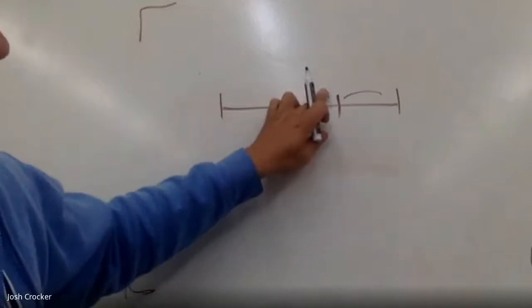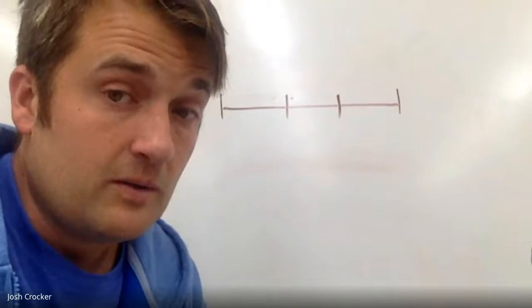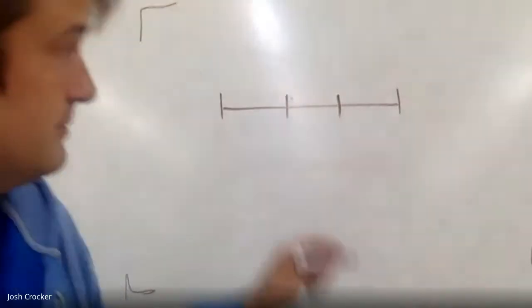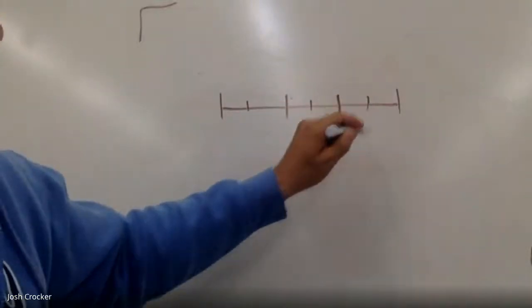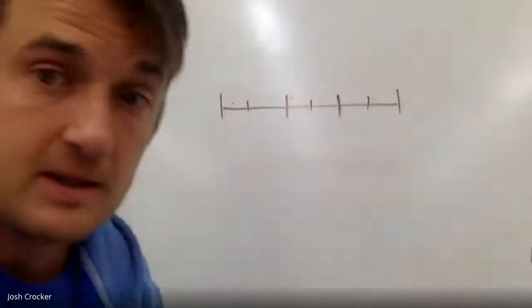And then if I wanted to go to 6 or 12, it's just a matter of doubling now. So 3, now I have 6. 1, 2, 3, 4, 5, 6 little pieces.